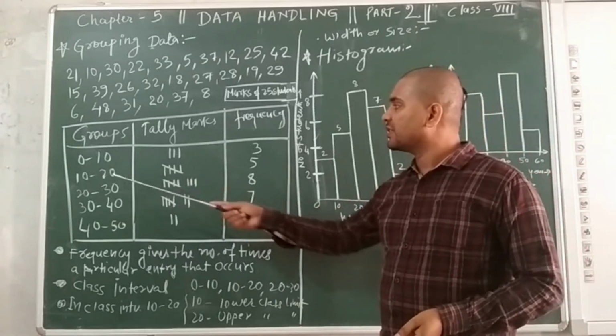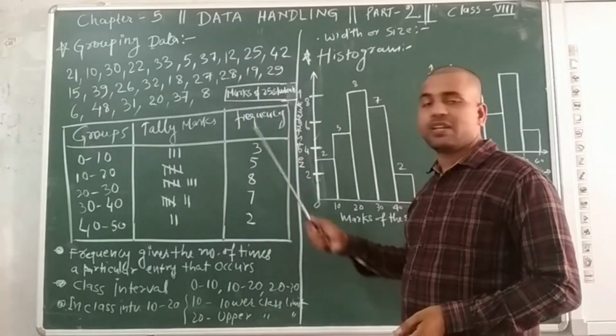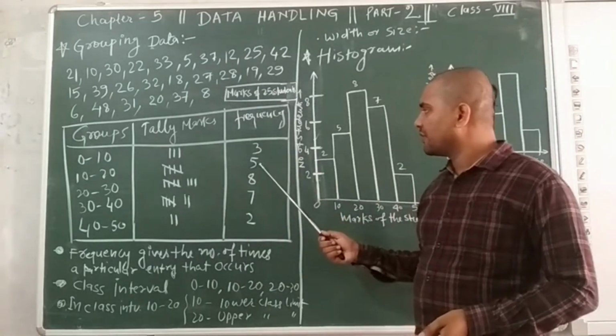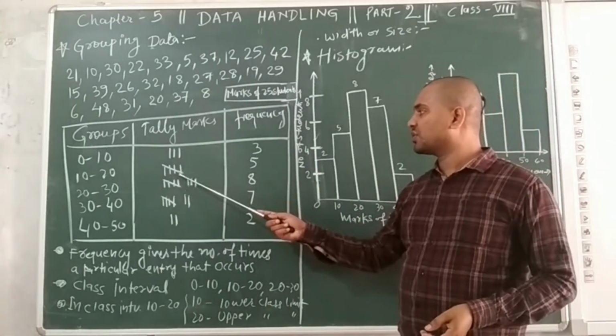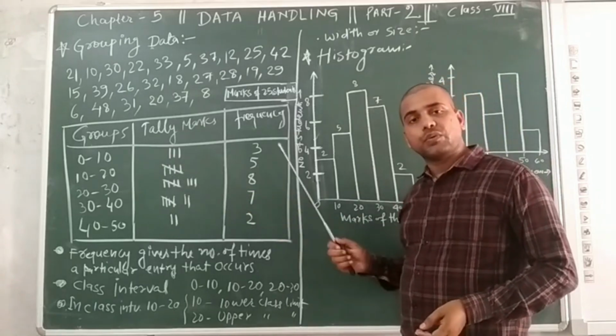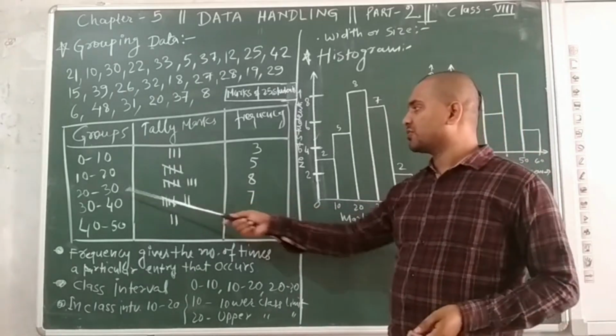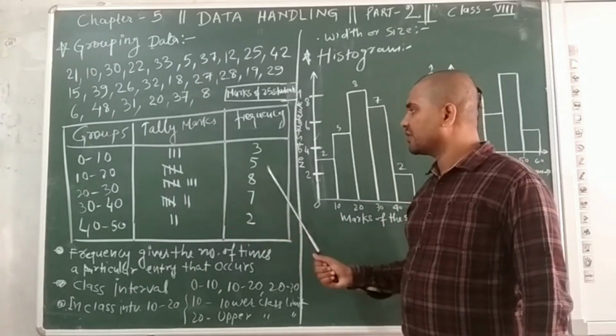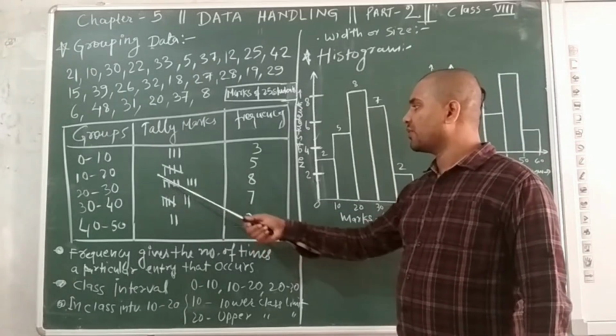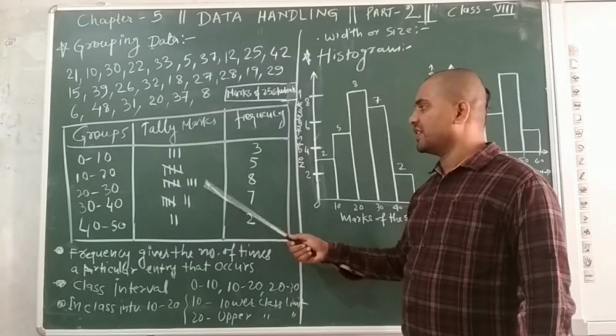Similarly for 10 to 20 we calculate and get 5: 1, 2, 3, 4 and one cross, which says it is 5. For 20 to 30 we have 8: 1, 2, 3, 4, cross 5, and 6, 7, 8.